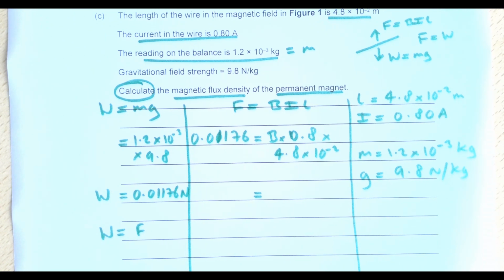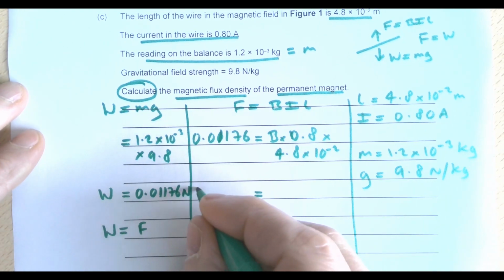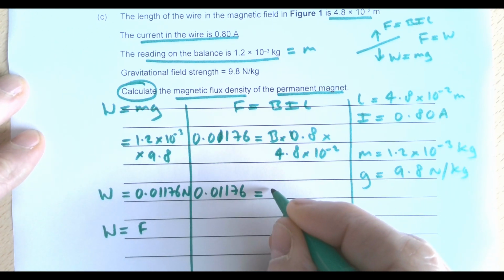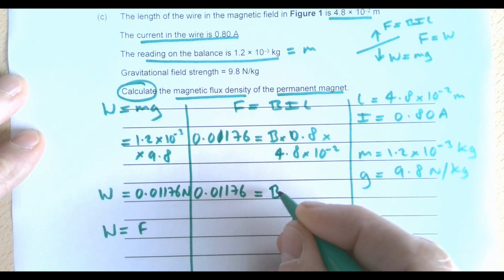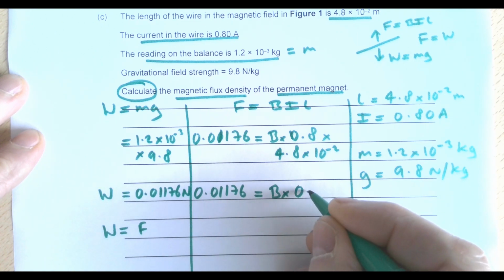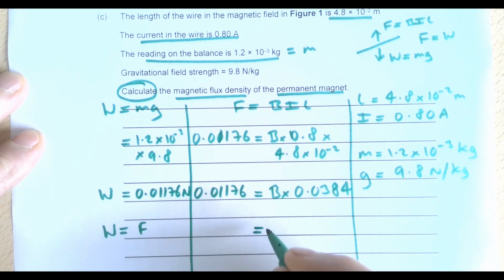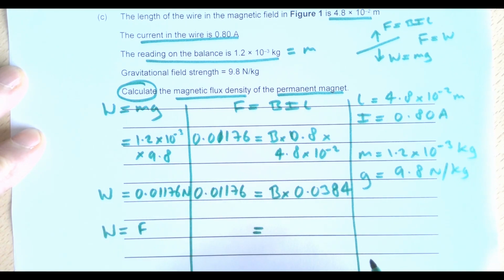So 0.8 times 4.8 times 10 to the minus 2 is equal to 0.0384. So 0.01176 is equal to B times 0.0384.